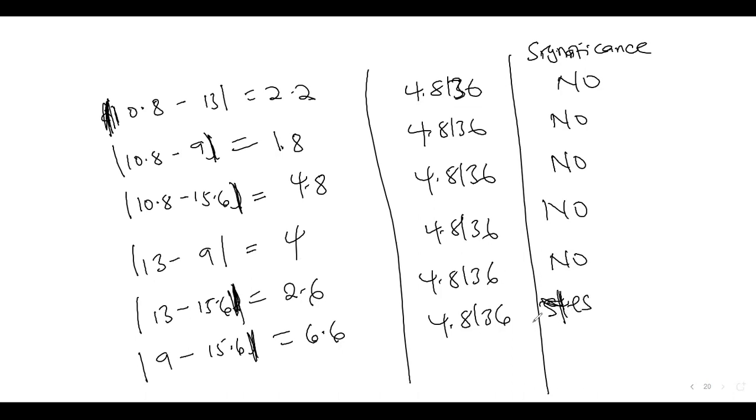So after controlling for blocking, there is a significant difference between group 3 and 4.